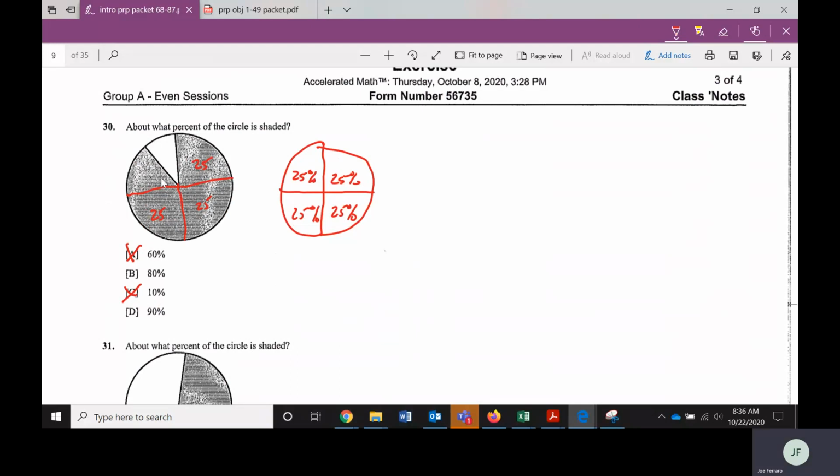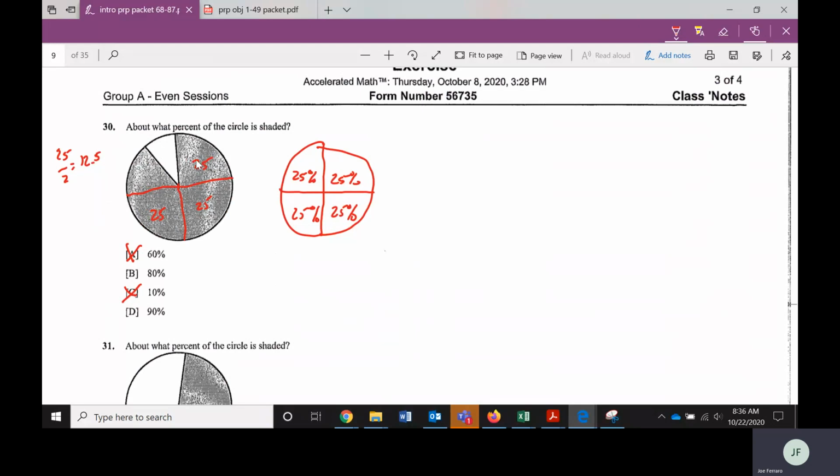Now we said this looks to be a little bit over half of this 4th section shaded. And remember, if we took half of 25, that was 12.5.